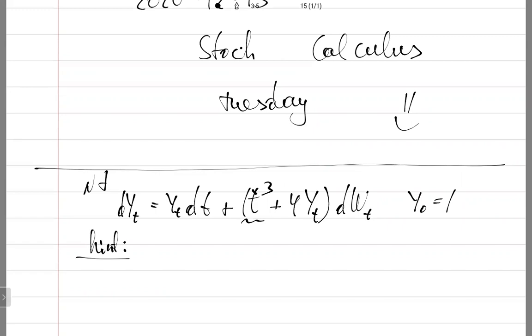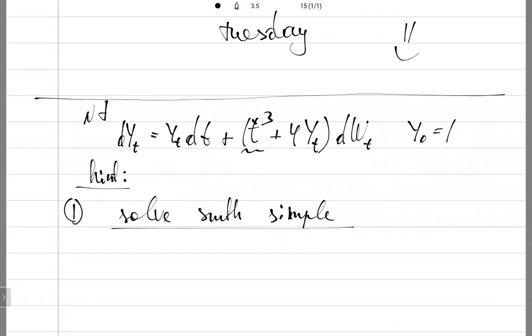We are proposed to solve a simpler version of this equation, something simple, an equation where t cubed is missing.